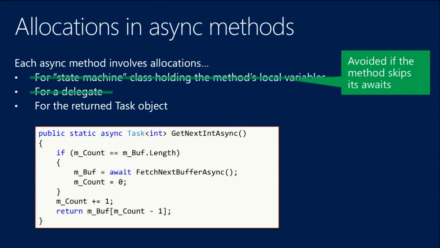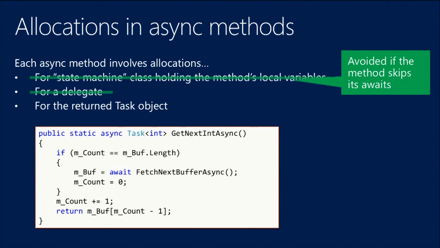It involves 3 allocations. First allocation is for what we call a state machine. This is like a display class that holds the local variables. The local variables that were inside your async method have to be turned into fields of this state machine class. And so we have to allocate an object on the heap containing all of those fields, all of your local variables.